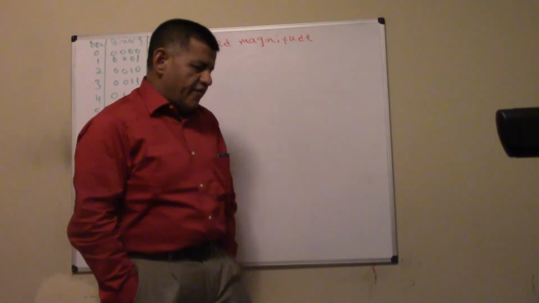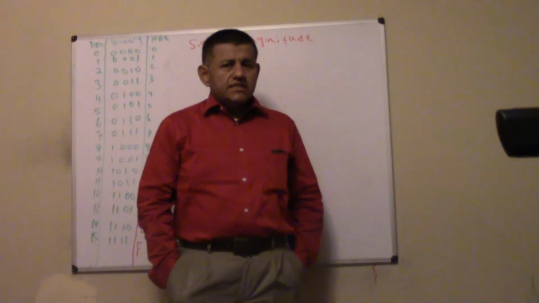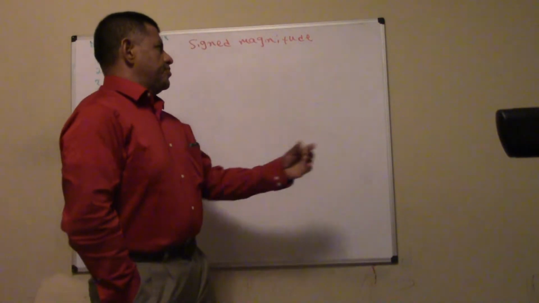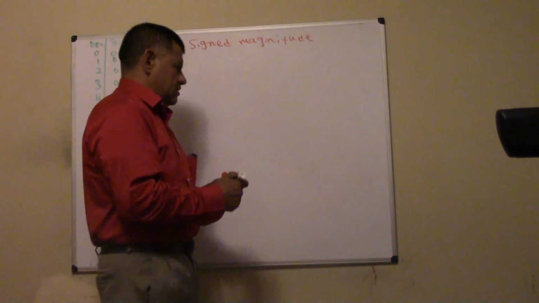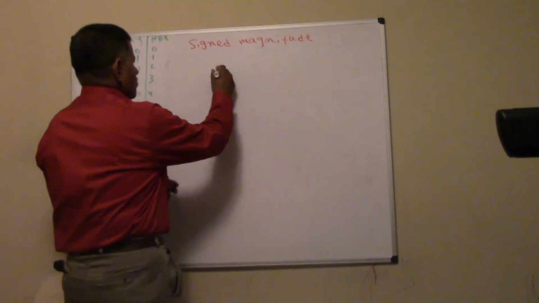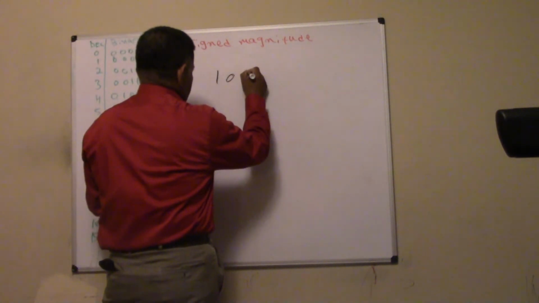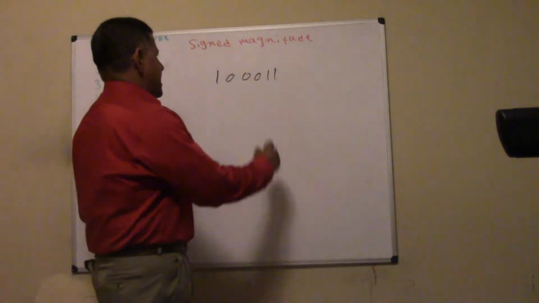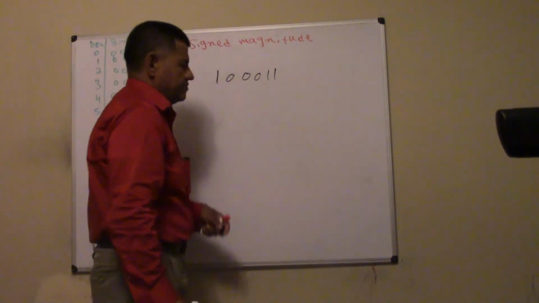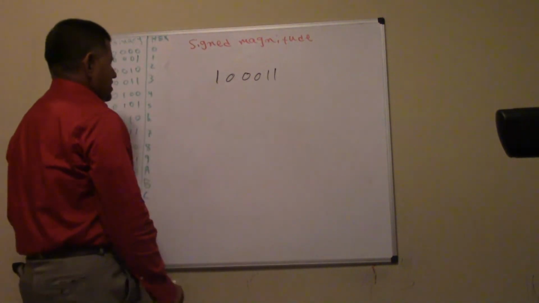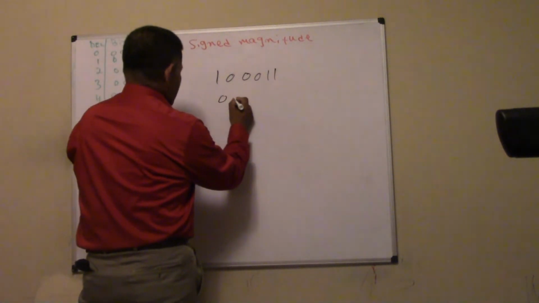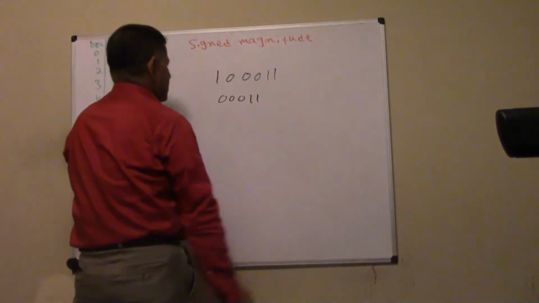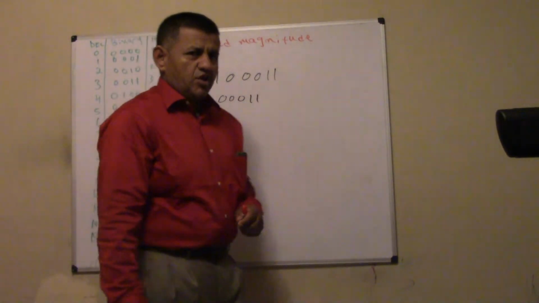Well, identifying the numbers is not a hard concept, because it's very simple. If you see something like 1 0 0 0 1, that is a negative number. If you see 0 0 0 1 1, that is a positive number.